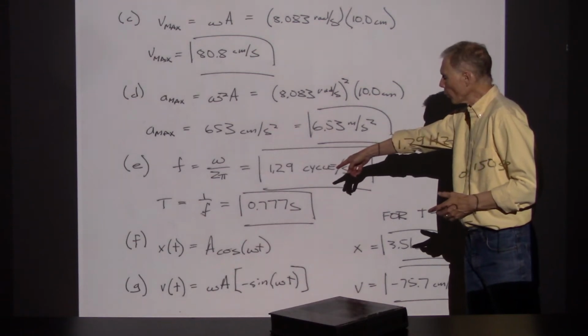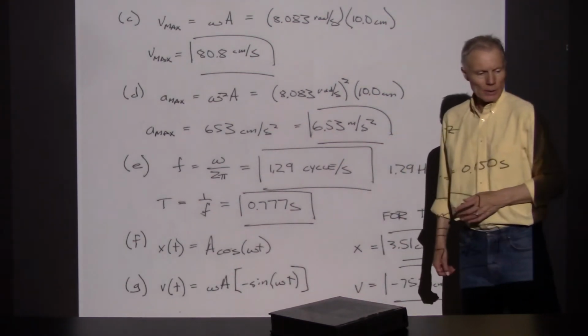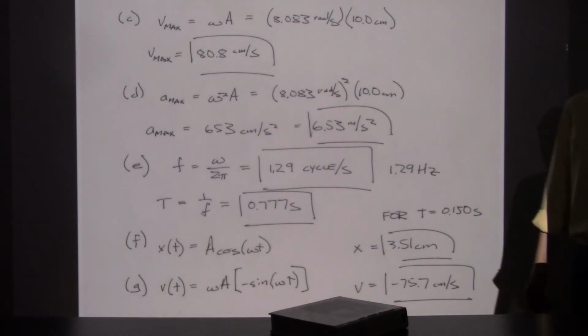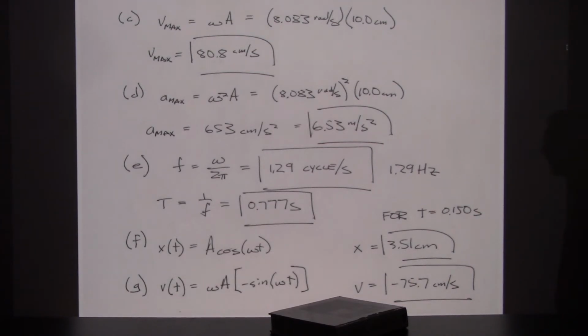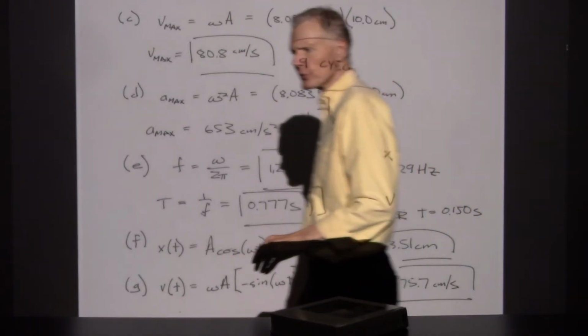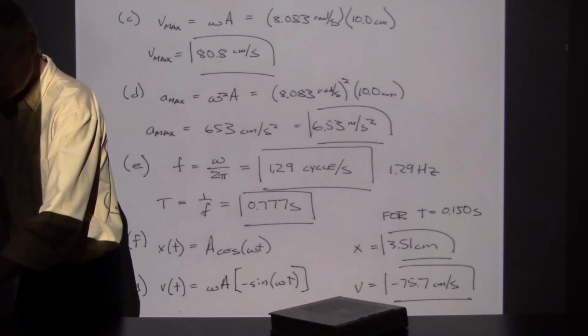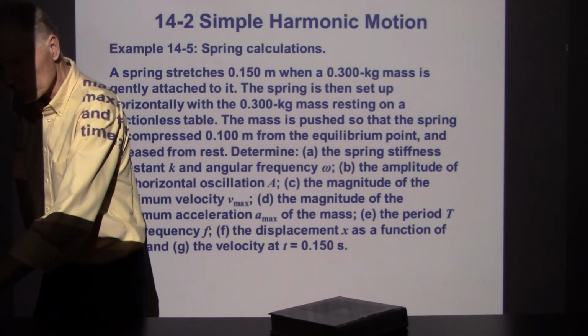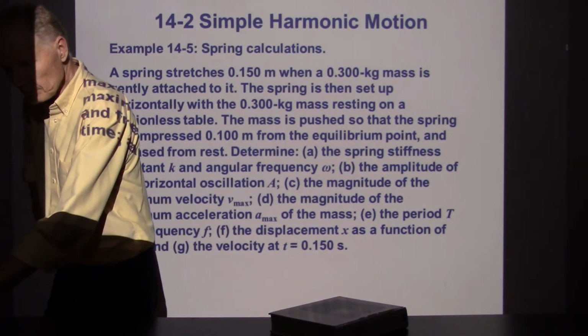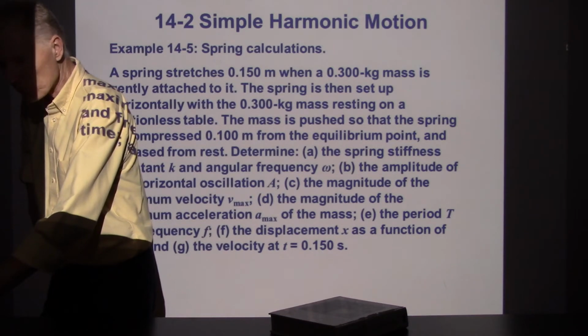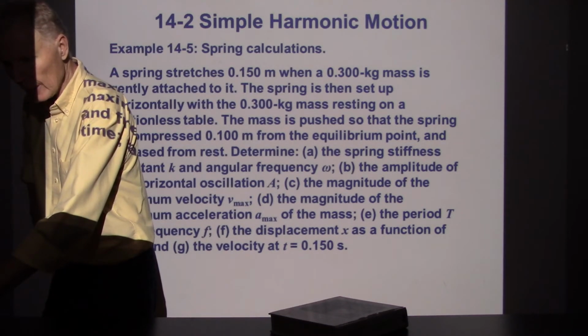We can use our old friend cosine and negative sine. Those work fine. I don't think anything they told us requires us to use a different function. Okay, so displacement is a function of time.